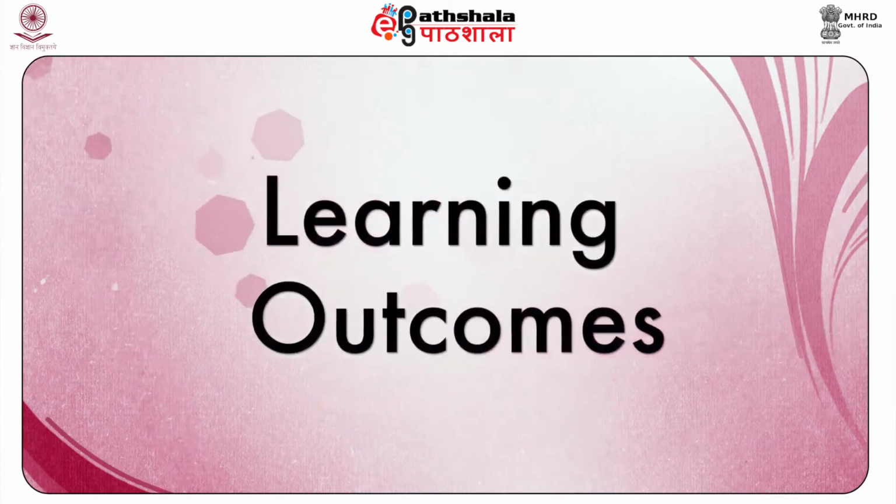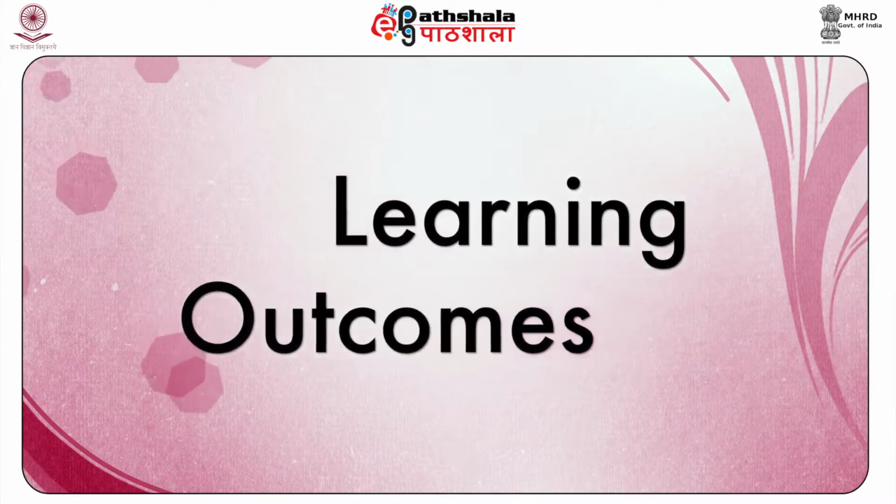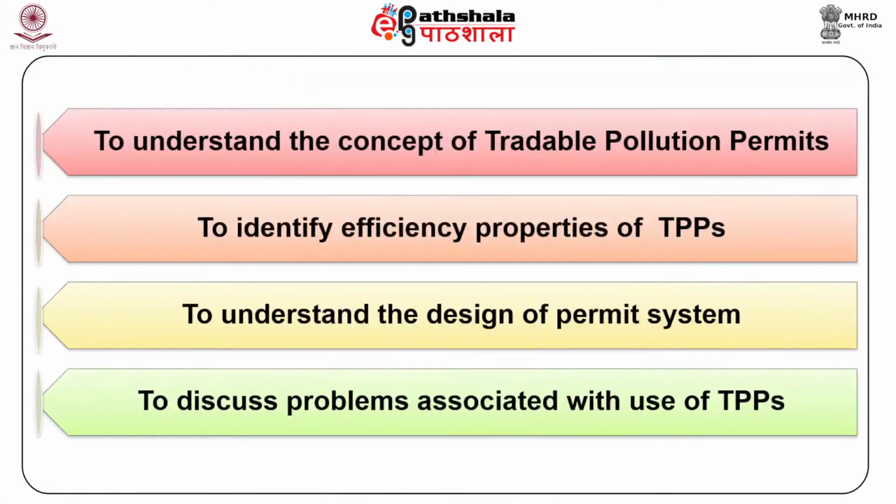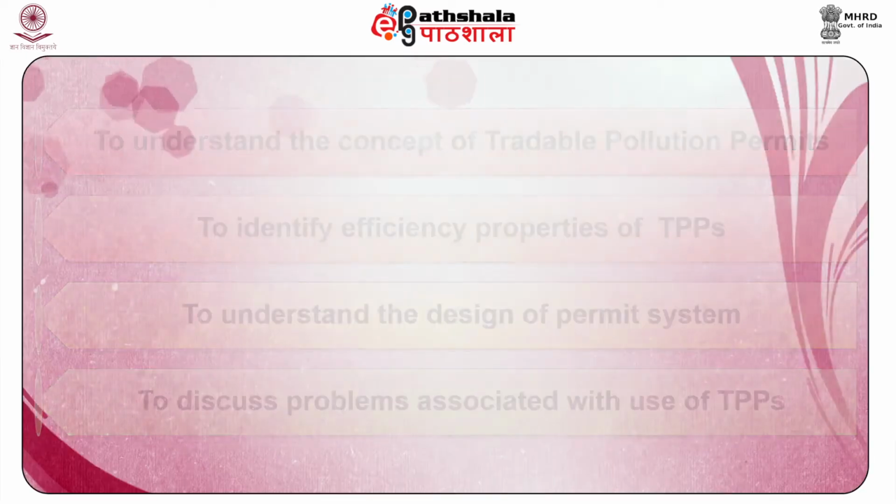After studying this module, you shall be able to understand the concept of tradable pollution permits, to identify the efficiency properties of tradable pollution permits, to understand the design of permit systems and how they are allocated, and to discuss the problems associated with the use of economic instruments like TPPs.